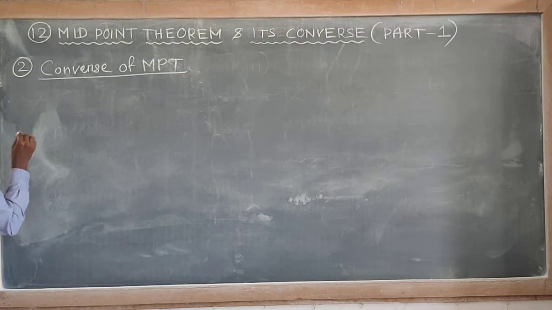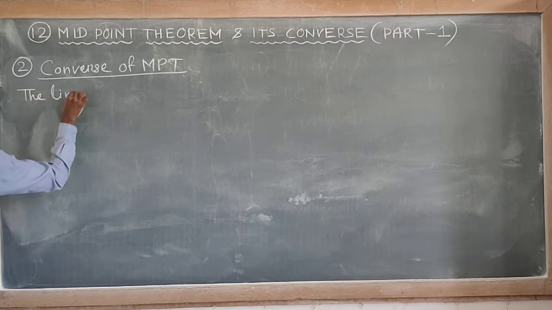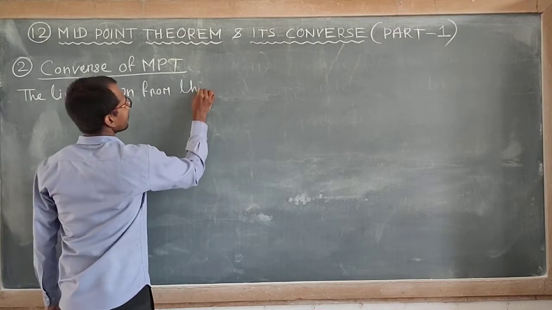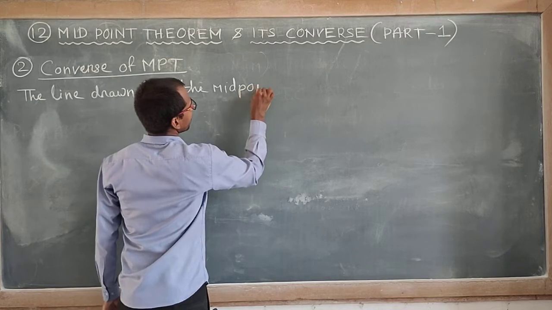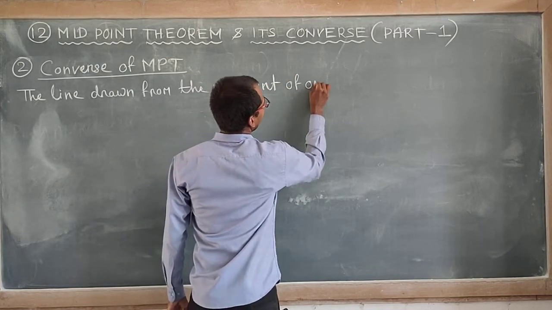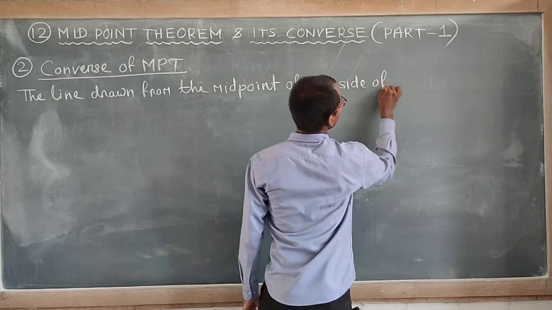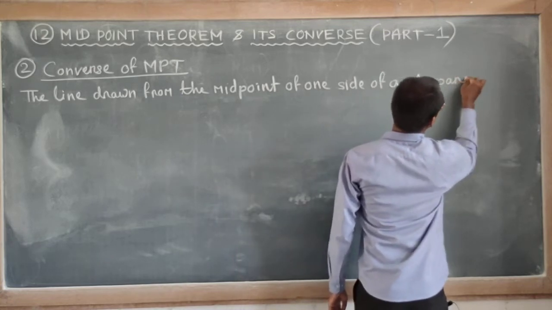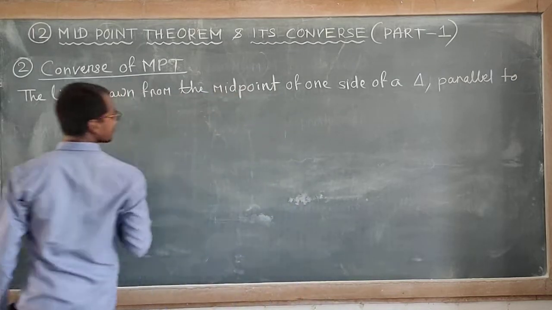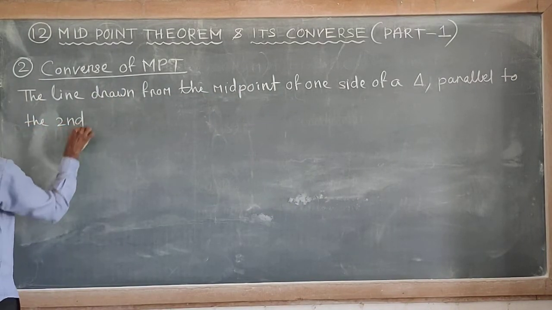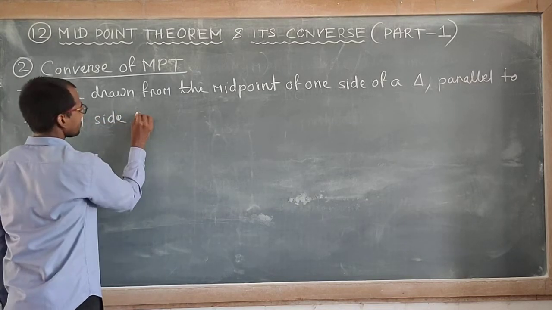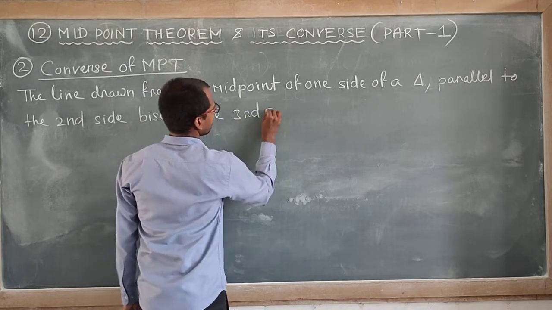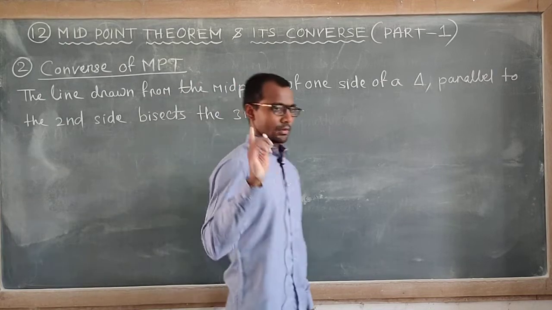It states that the line drawn from the midpoint of one side of a triangle parallel to the second side bisects the third side. Okay, so let me now write it.